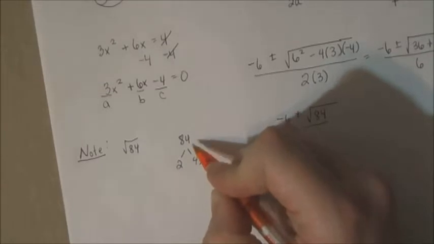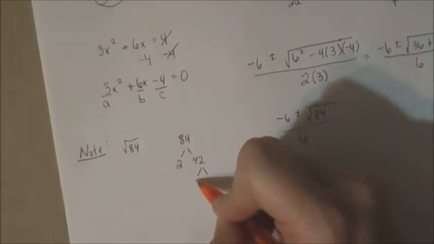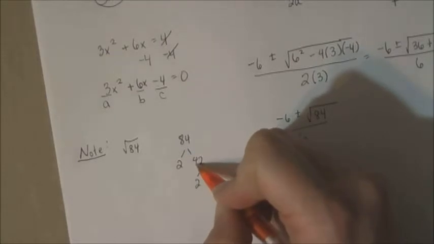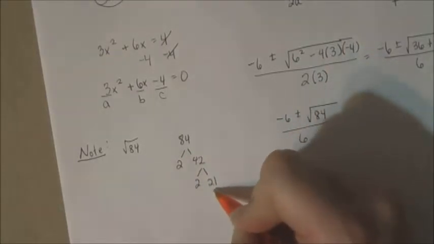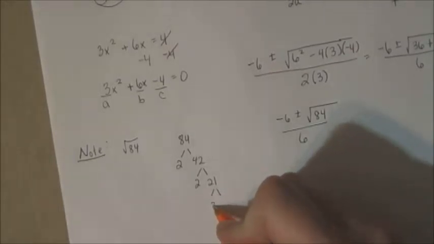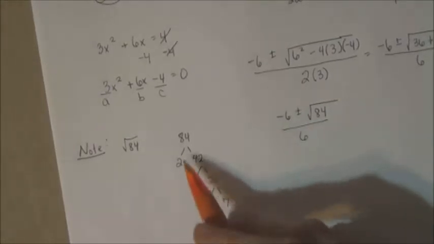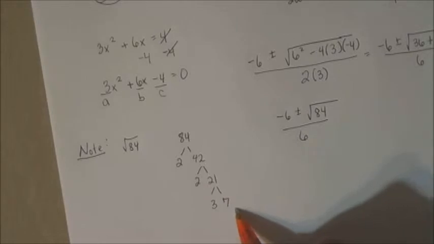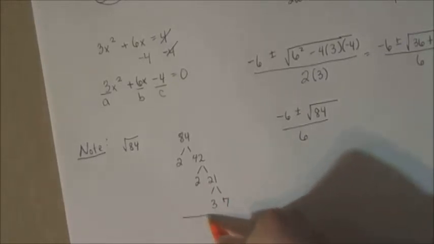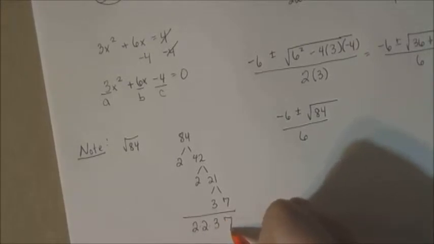So 2 times 42 is 84. 2 goes into 42, 21 times. Okay, 2 does not divide into 21, so try 3, our next prime number. 3 divides into 21. 3 times 7 is 21. Okay, 2 is prime, 2 is prime, 3 is prime, 7 is prime. So our factor tree gives us 2 times 2 times 3 times 7.